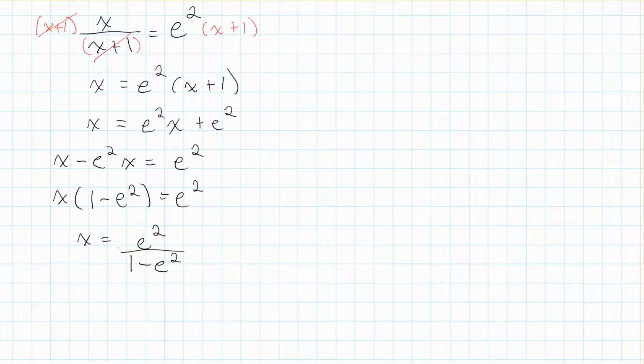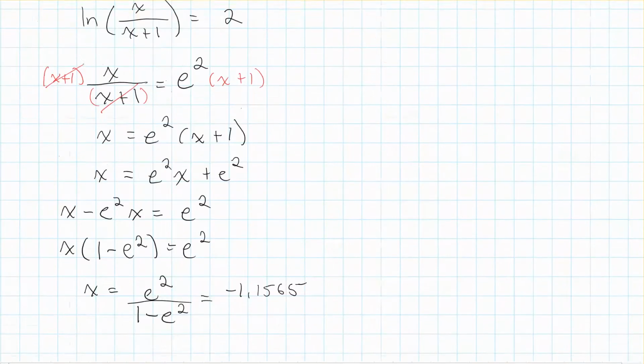So I'm going to do e squared divided by 1 minus e squared. And you get that this is equal to negative 1.1565.